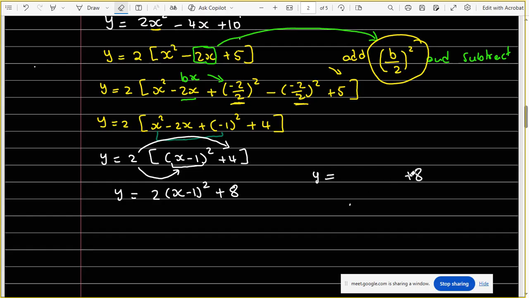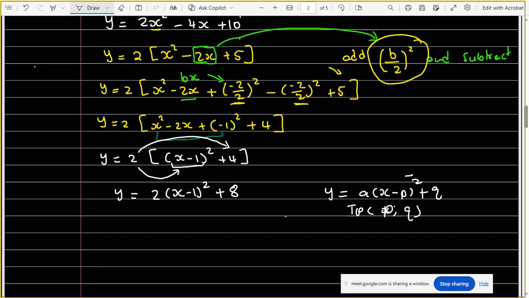I think I understand. All good. Okay, so now we're going to say that it is in the form a into x minus p plus q, and we set the TP. It will be p and q, PQ. So what will be the turning point of this equation? What is your TP?